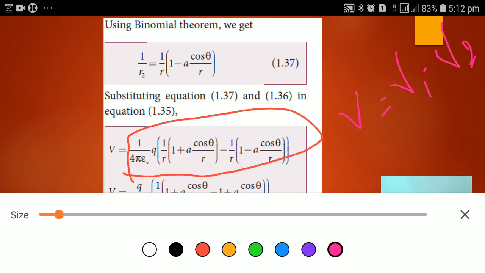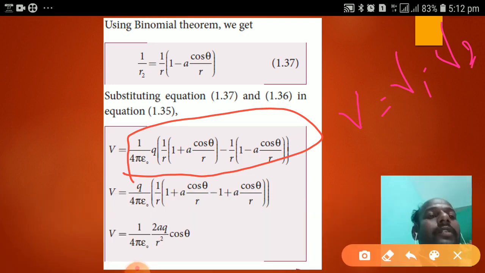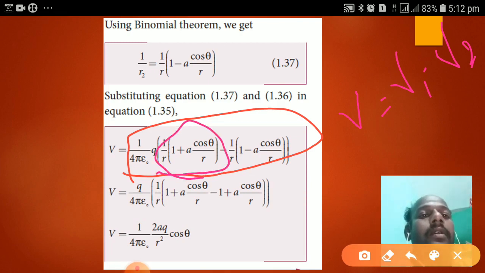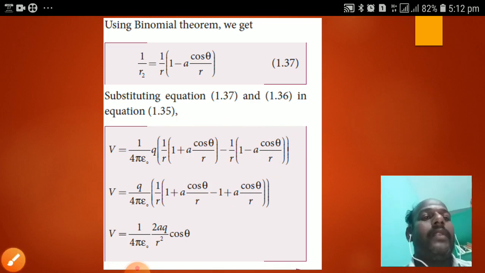So when I substitute the value, here I will get 1 by R into A plus 1 by R plus A cos theta by R, here 1 minus A by R cos theta by R.